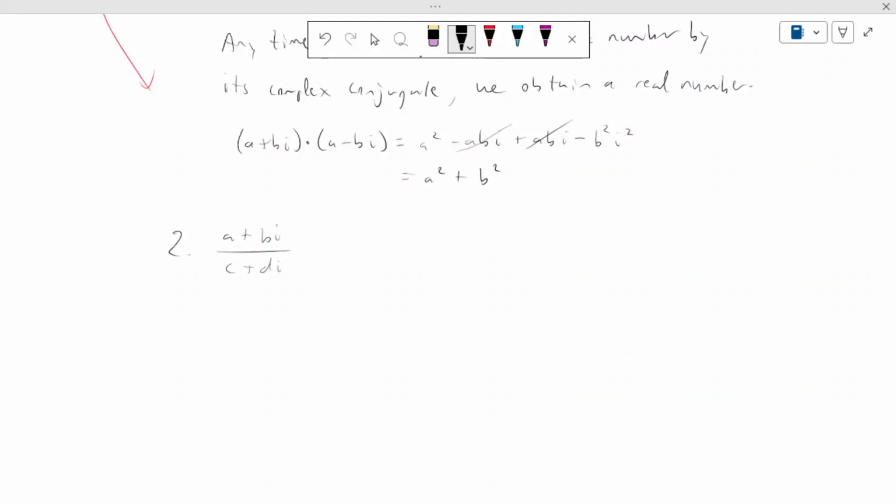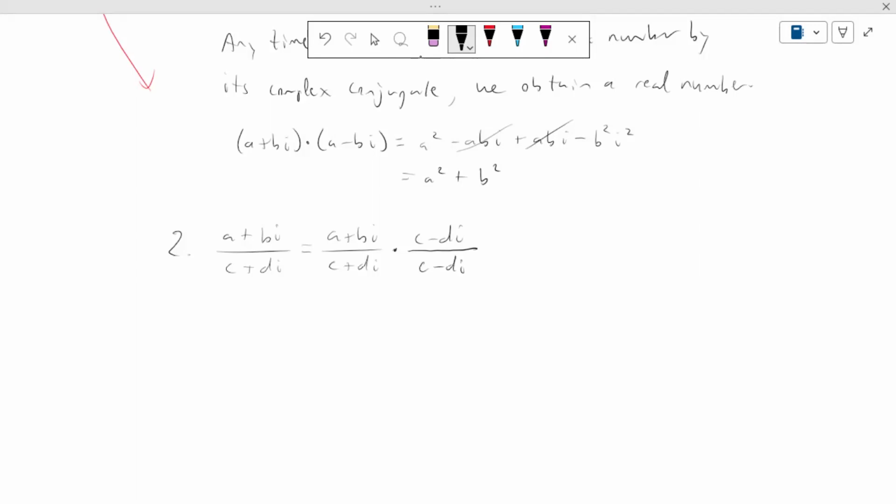Now, I can multiply anything by 1 without changing the value of the fraction. So I can say this is the same thing as A plus BI over C plus DI times, well, here's 1 in a funny way, C minus DI divided by C minus DI. I could do that, no problem.